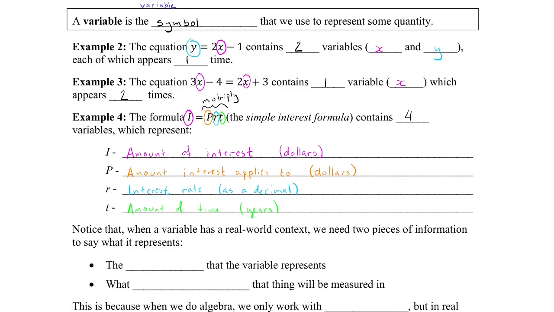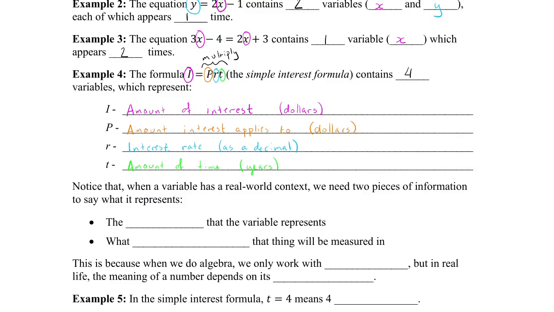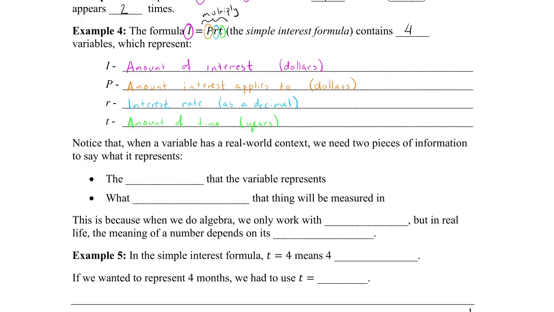And one of the things we notice here is that when a variable has a real-world context, we actually need to think of two things to understand what that variable means. We need to know what the quantity is that that variable represents, but we also need to know what units that quantity is going to be measured in.